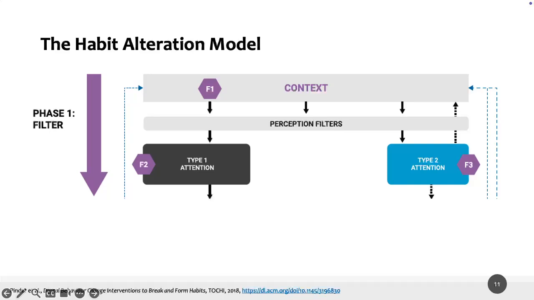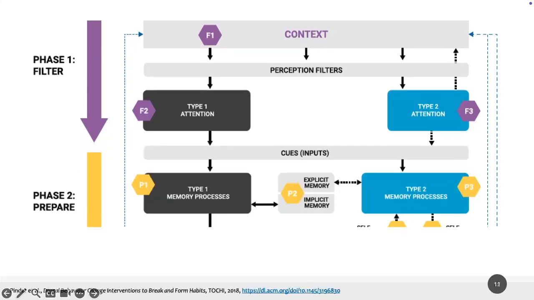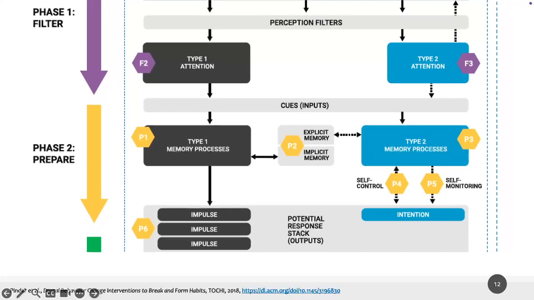So external cues from the context and internal cues, our feelings, for example, are perceived by the user and filtered through a set of conscious and unconscious attention filters. Then there is the prepare phase. So the filtered cues are matched to potential responses. And again, according to the dual system theory, these potential responses can be system 1 impulses or system 2 intentions.